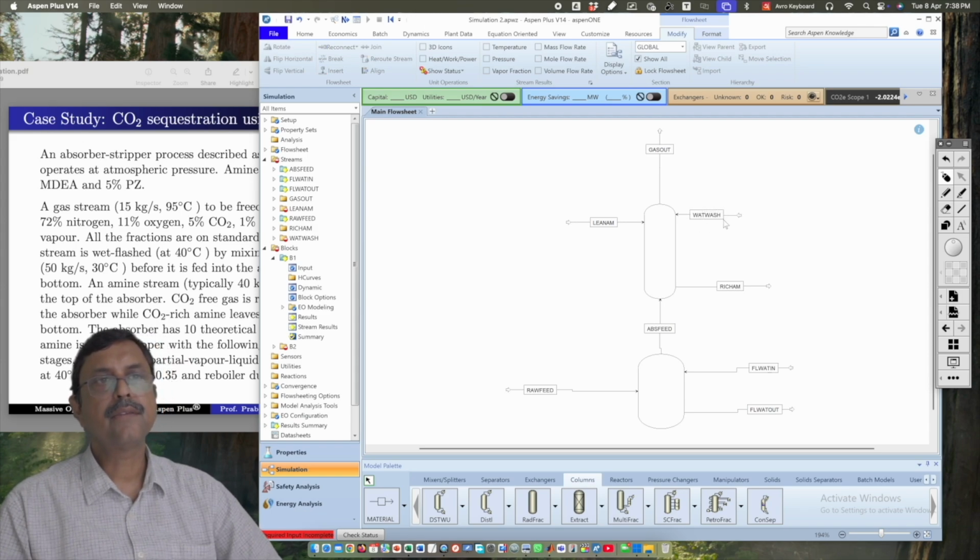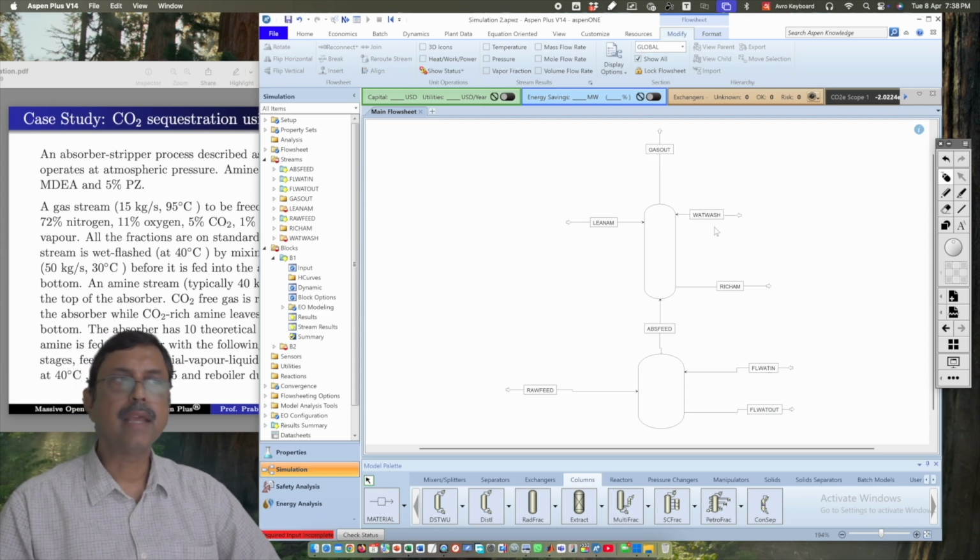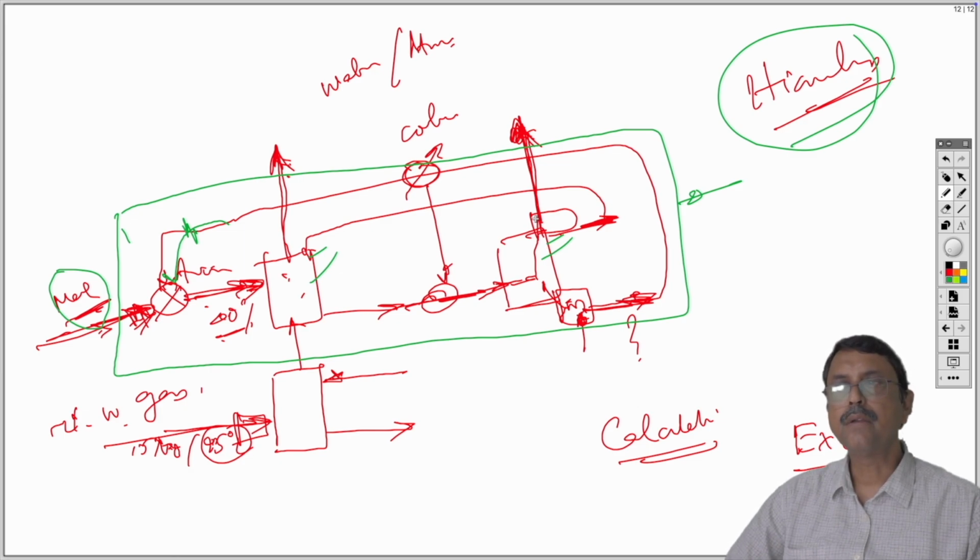The significance of the name is something like this. Here you can see in the stripper we have a condenser. And you might remember the stripper is having a partial vapor liquid condenser. Partial vapor means all the CO2 portion is going out, and here it will be liquid distillate which is water rich. It will always have a lot of water in it.